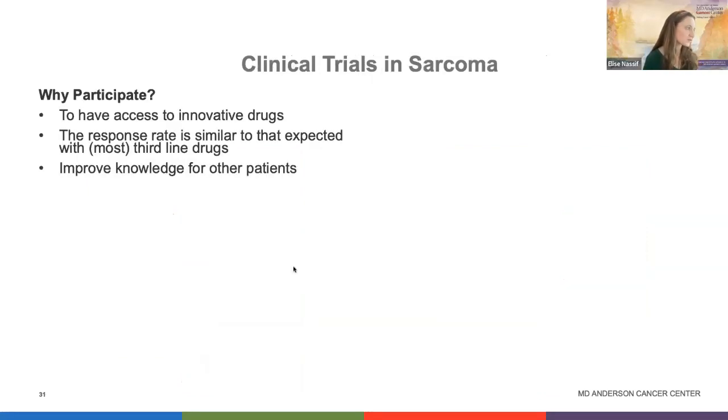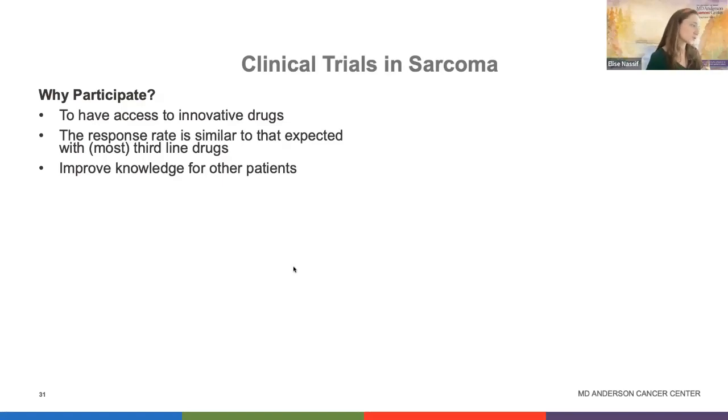So clinical trials in sarcoma, why would you want to participate? Well, it gives you access to more novel drugs. After the second line of chemotherapy in sarcomas, as a general rule, the response rate of early phase clinical trials and phase 3 clinical trials is likely to be superior than most of our third line treatment options.